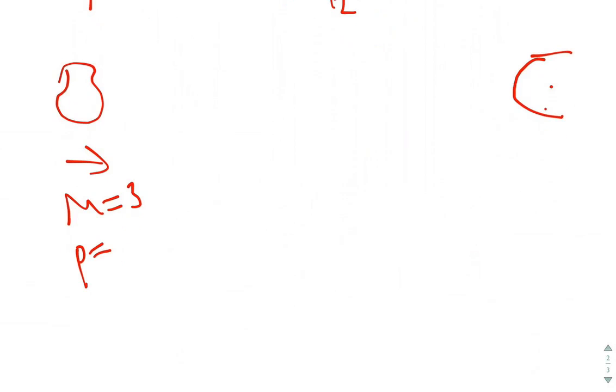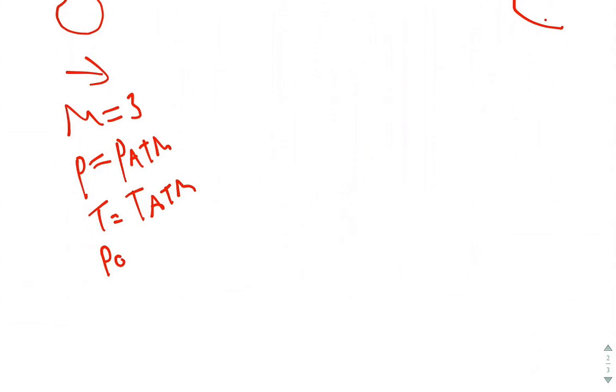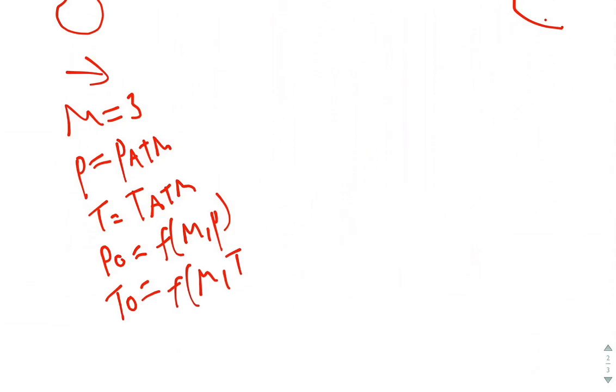P equals P atmosphere, T equals T atmosphere. The stagnation values, which we compute using the isentropic Mach relations, are the values that parcel will take on if we decelerate it to Mach 0 isentropically. So we computed those. It's a function of the Mach number and the initial pressure, and of the Mach number and the initial temperature.